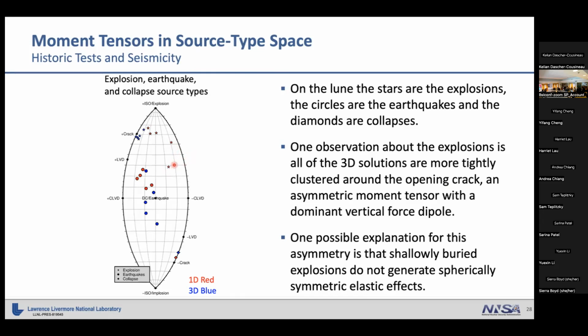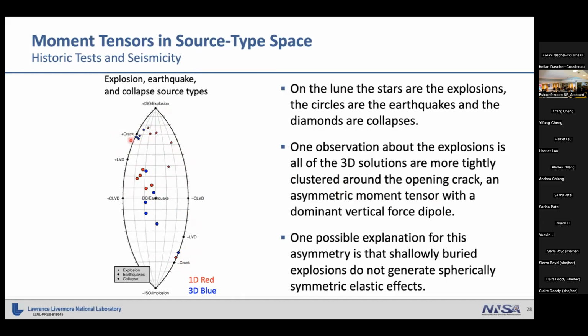This is one event that really stood out. With the 3D model, they all cluster around the crack. On the plot, the stars are the explosions, the circles are the earthquakes, and the diamonds are the collapses. For the collapses we only have 2, because the other events were too small for the 20 to 50 second inversion.